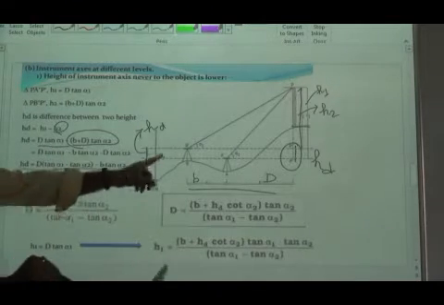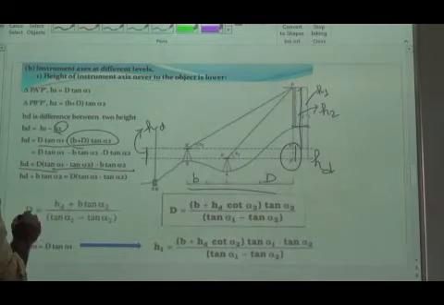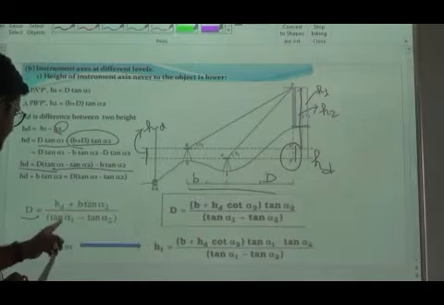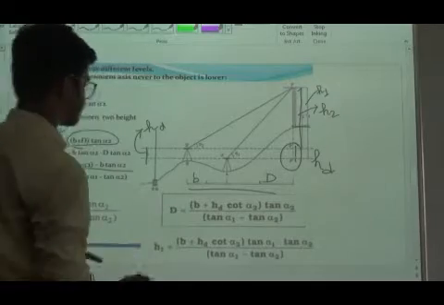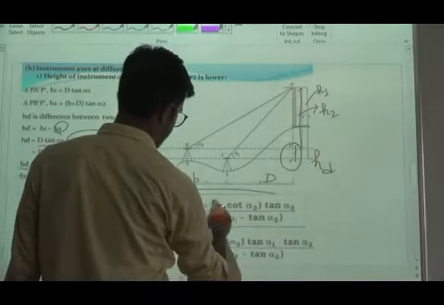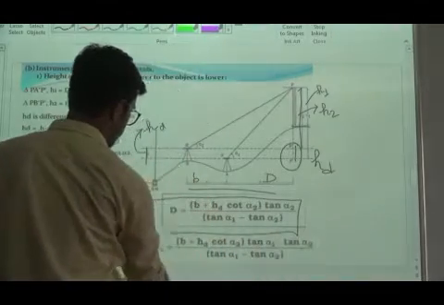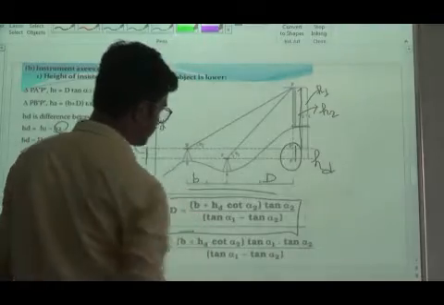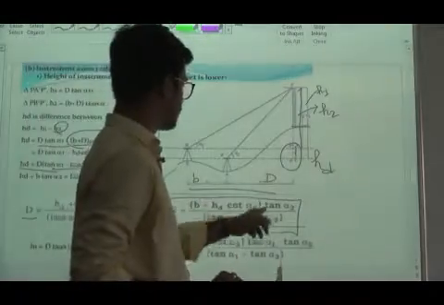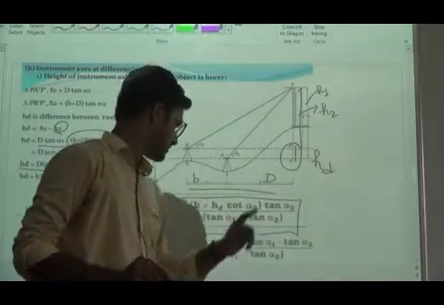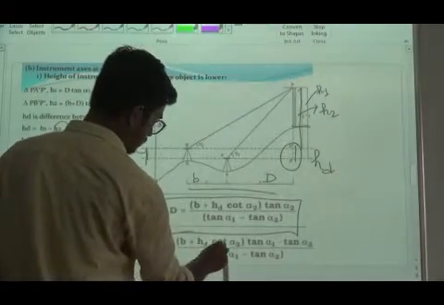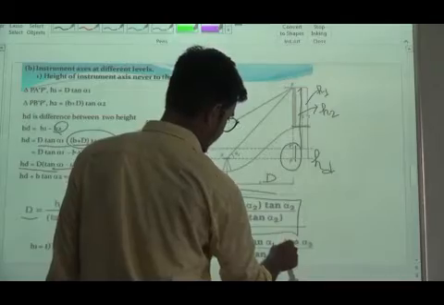After simplifying this complete equation, we get the value of D. This distance will be equal to HD plus B tan alpha 2 divided by tan alpha 1 minus tan alpha 2. Here we see that the value of D will be equal to B plus HD, HD means this distance, into cot alpha 2 into tan alpha 2 divided by tan alpha 1 minus tan alpha 2, and H1 will be equal to B plus HD into cot alpha 2 into tan alpha 1 into tan alpha 2.